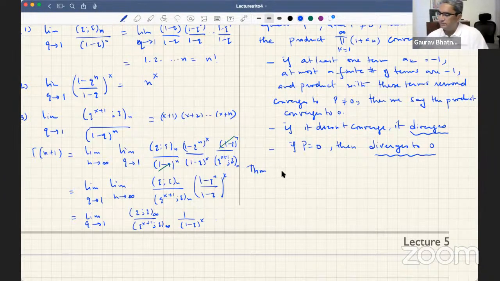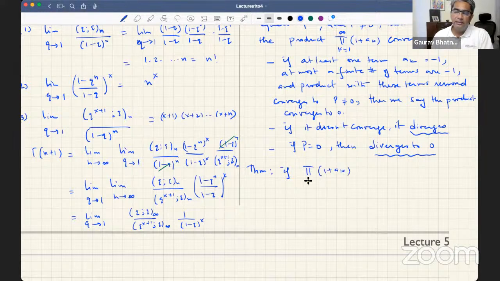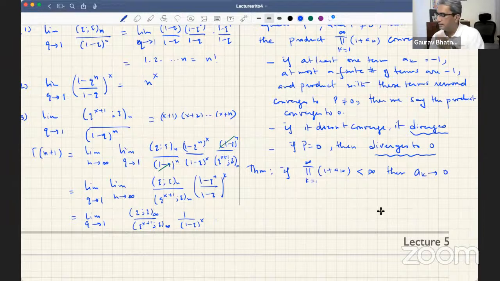The first condition, which happens even in series, is that if this product of 1 plus a_k, k going from 1 to infinity, converges, then a_k goes to 0 as k goes to infinity.